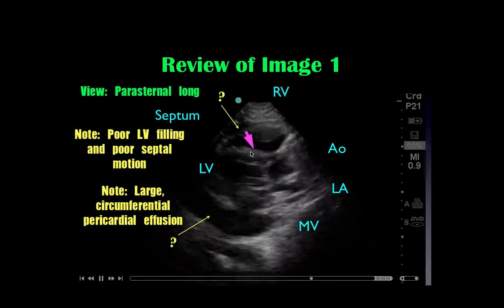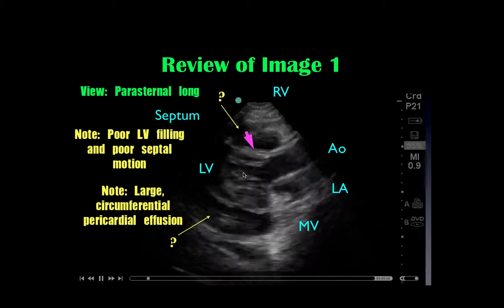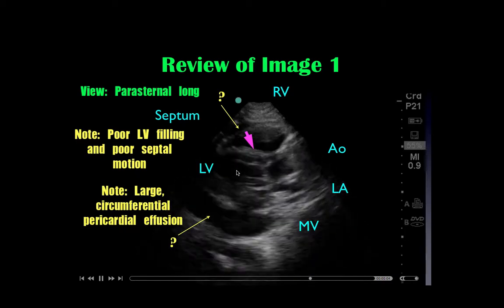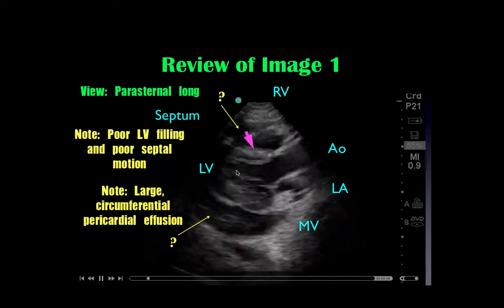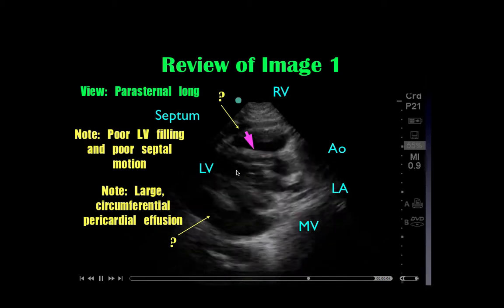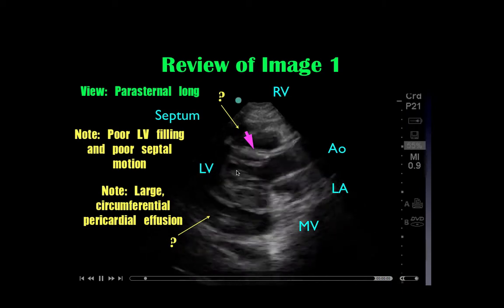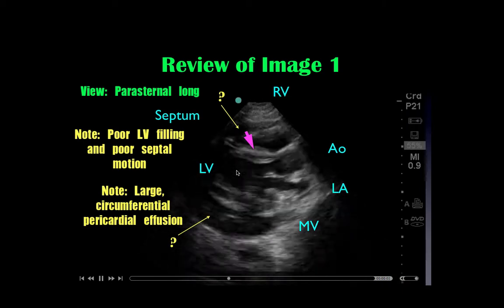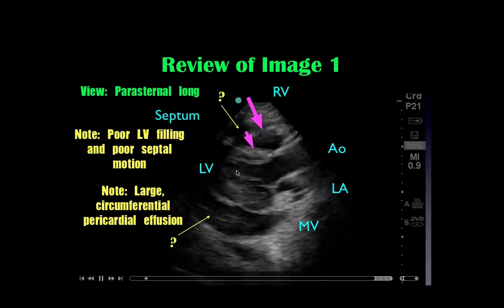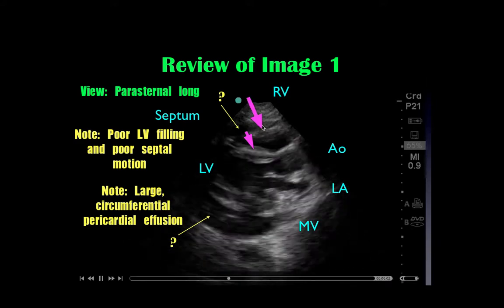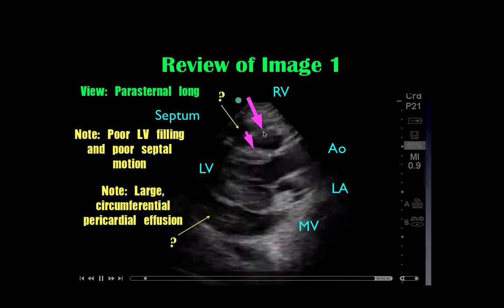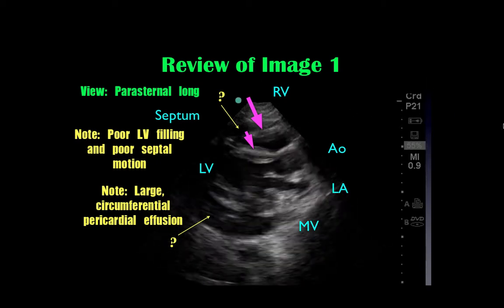But notice there's poor septal motion, and the chamber over here, again, if I put my arrow in the middle of the left ventricular chamber, it should seem like all walls are collapsing around it. There's not that much collapse from the septum, so there's poor septal motion as well. And this arrow here is looking at the wall of the RV, which appears to be collapsing.